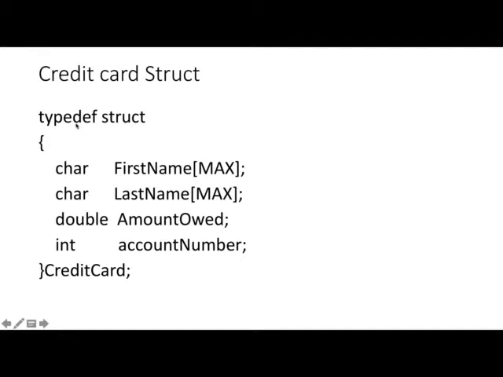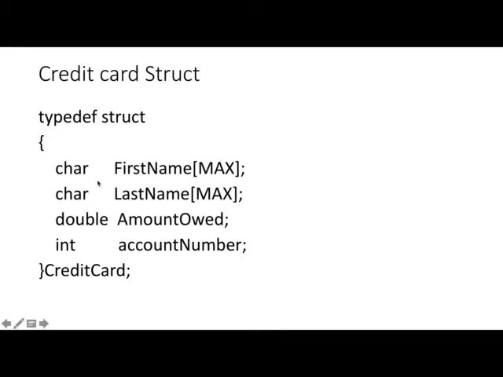We're going to keep the typedef version so that each time I declare a struct variable, I don't have to use the tag struct. So the tagged version is more complicated, so we're not going to use that. In this version, the keyword typedef and struct go first, then the struct members, right curly brace, and that's the name of the struct, credit card. The name goes at the end.